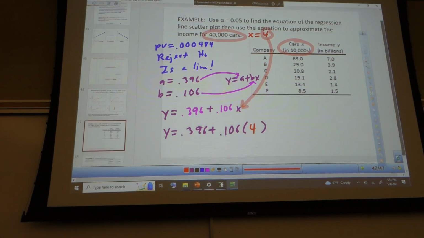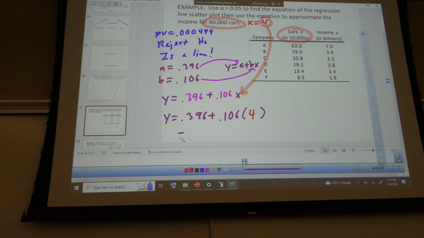And we will get 0.424. So that means y is 0.820, if I round it a little bit. 820. Good. And this is in billion dollars.